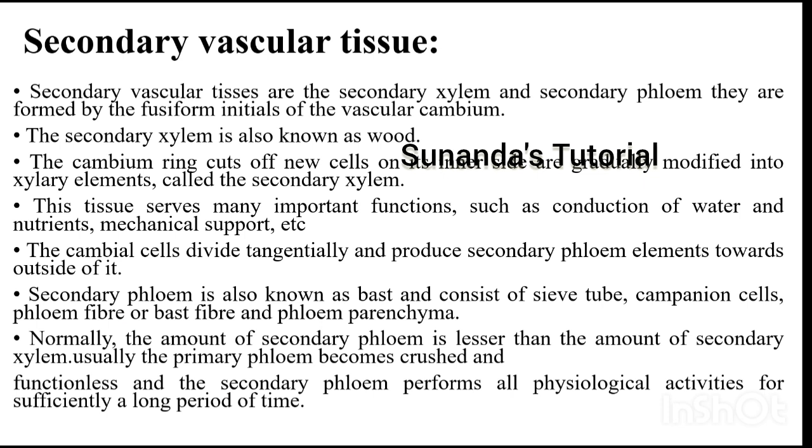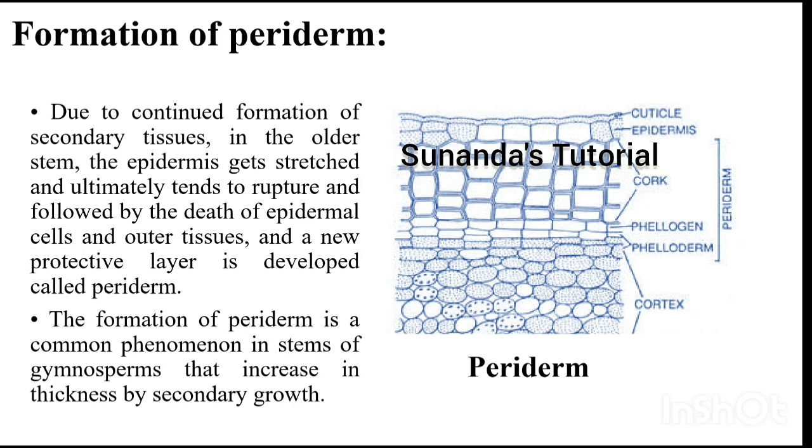Usually primary phloem becomes crushed and destroyed and functionless, and the secondary phloem performs all the physiological activity for a long period of time. After the formation of secondary phloem, the primary phloem disintegrates and all the roles are performed by the secondary phloem.